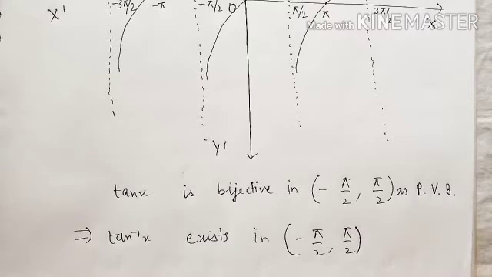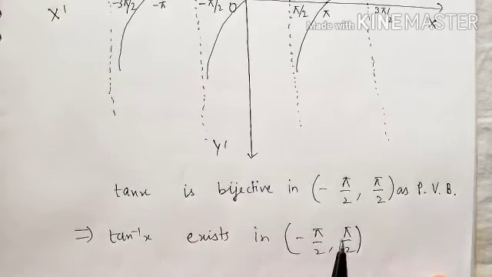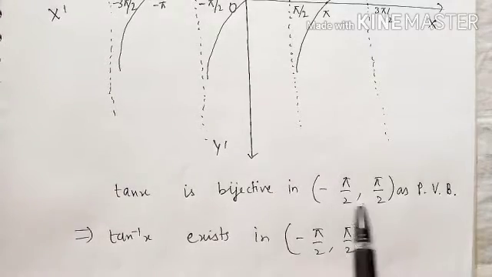So tan inverse exists in this interval, because we know that a function is invertible if and only if it is bijective. As tan x is bijective in this interval, tan inverse exists in this interval.